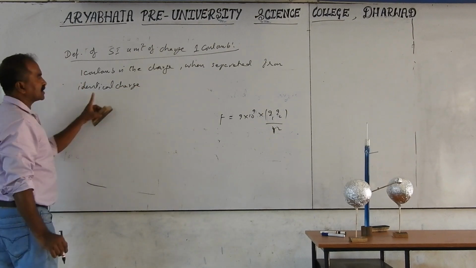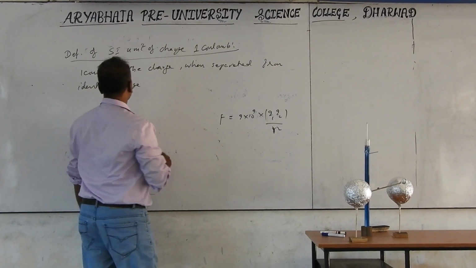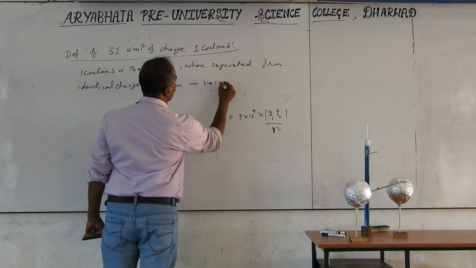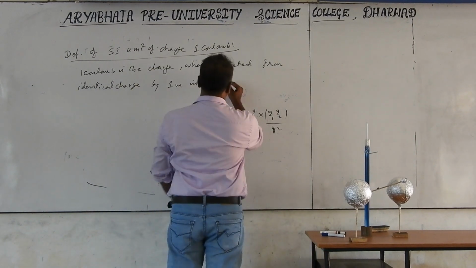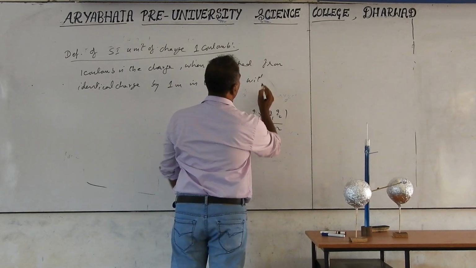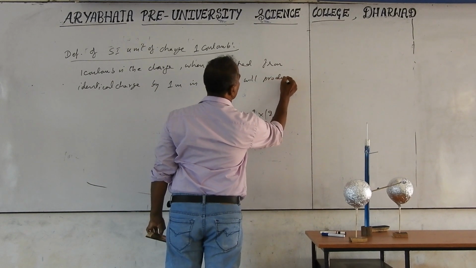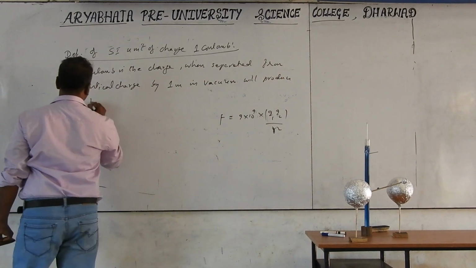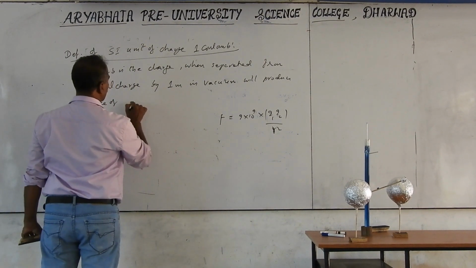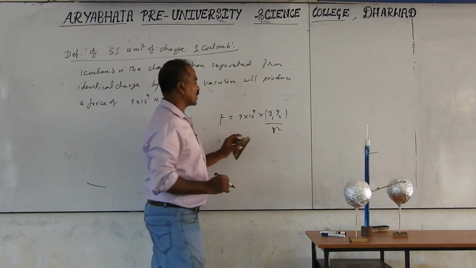Identical charge means the same value, we take 1 coulomb only. 1 coulomb is the charge when separated from an identical charge by 1 meter in vacuum will experience a force of, or will produce a force of, 9 into 10 to the power of 9 newtons.